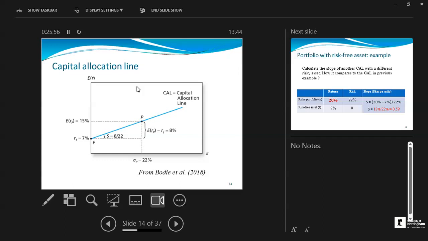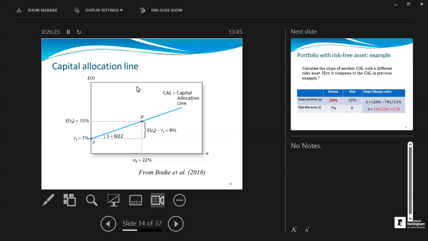It's the slope of this line, which we call the Sharpe ratio. As an investor, would you like this slope to be higher or lower? You would want it to be higher.